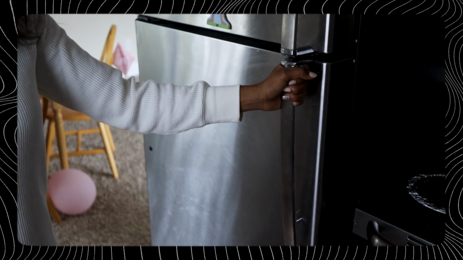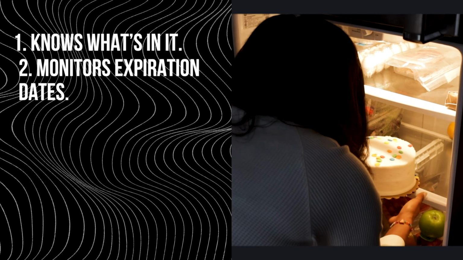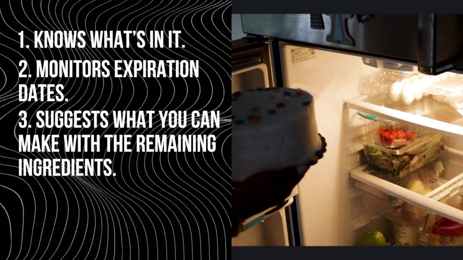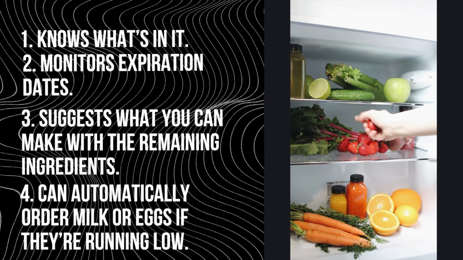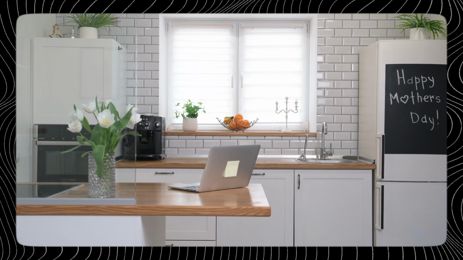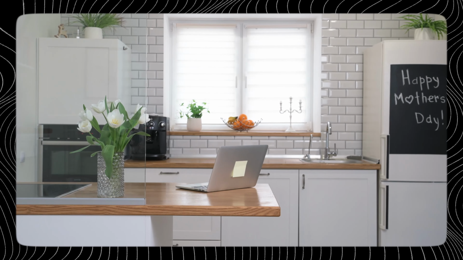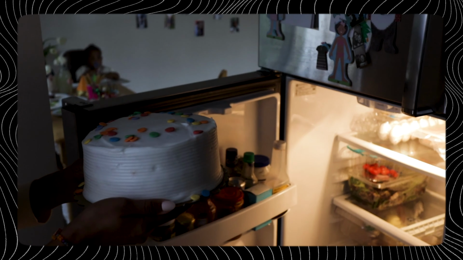But imagine you had a smart fridge that knows what's in it, monitors expiration dates, suggests what you can make with the remaining ingredients, and can automatically order milk or eggs if they're running low. Anthropic's new approach is similar to this system. The chatbot no longer just looks for answers. It becomes part of your life, actively helping and simplifying your daily tasks.